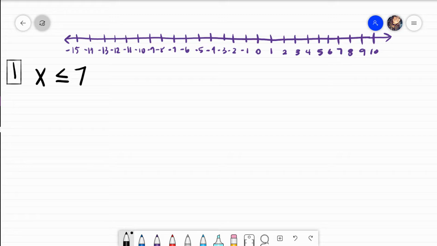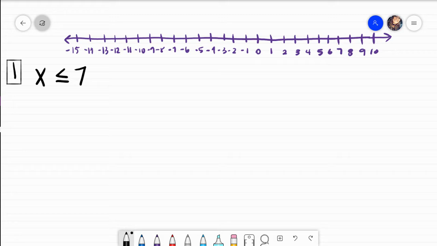On the homework, it would say to write this inequality. That's an inequality because it has an inequality symbol. It would say write this inequality in interval notation and to graph it.